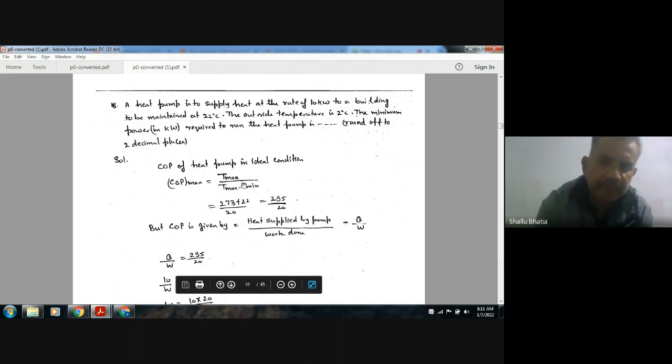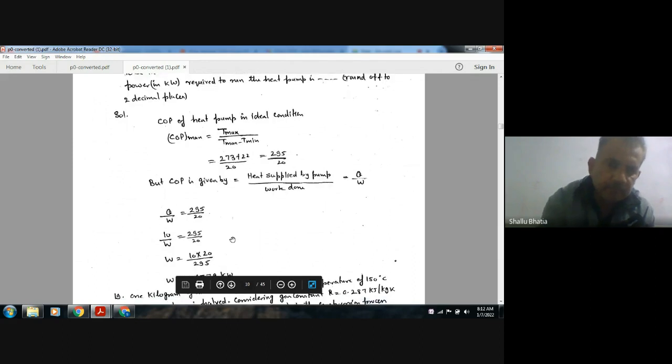The minimum power required to run the heat pump is, assuming ideal condition, the COP of the heat pump given by Tmax divided by Tmax minus Tmin. Putting the value, Tmax is 22 plus 273, and the difference in temperature is 22 minus 2, that is 20. So COP is 295 by 20.